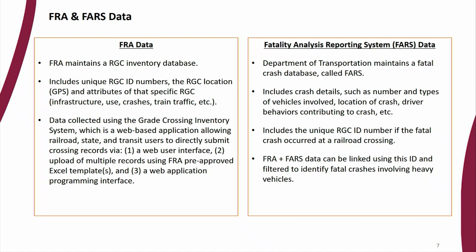So railroad, state, and transit users can update that database with some information about the crossing. And it includes a unique ID for that crossing. And then the FARS data set also includes a unique ID for the crossing if there was a fatal crash at the crossing. So we're able to link these three data sets using the GPS coordinates and the IDs of the railroad crossings.